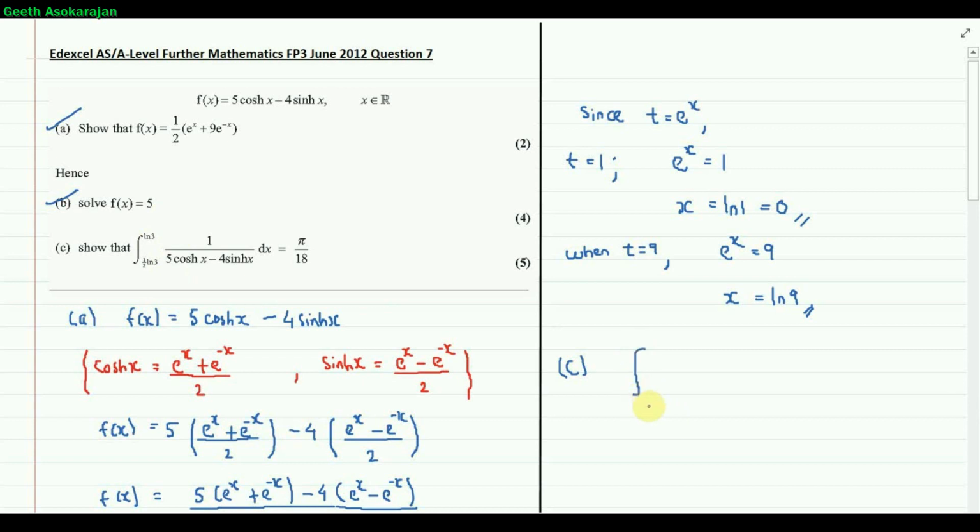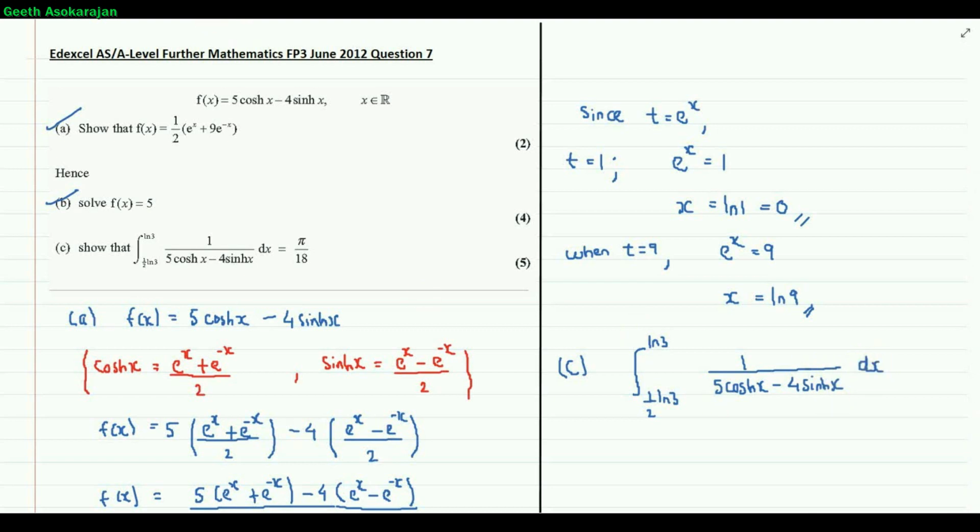So we're integrating between half ln 3 and ln 3. So they are the limits of this integral of 1 over, and in the denominator we have 5 hyperbolic cos x minus 4 hyperbolic sin x with respect to x.